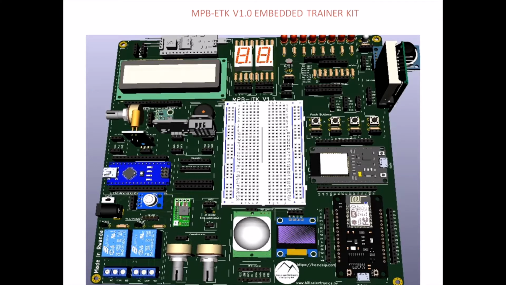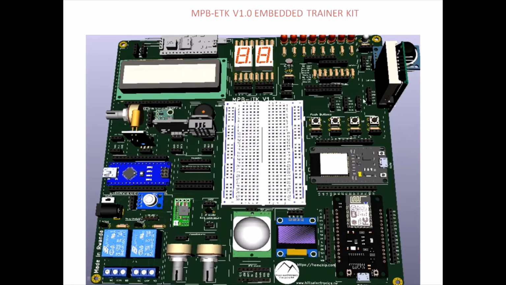Before going further, let me introduce you to this training kit. It is a good training kit to use for embedded systems in IoT projects. As you see, we have several components: an Arduino Nano, potentiometers, a display, a 7-segment display, a couple of LEDs, a dot matrix display, and you can attach an RFID sensor here.